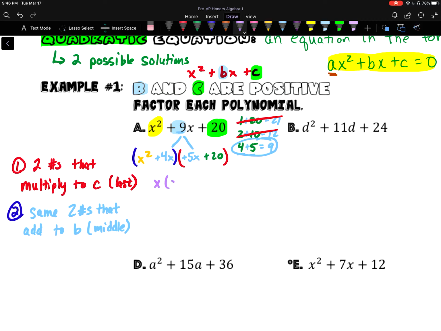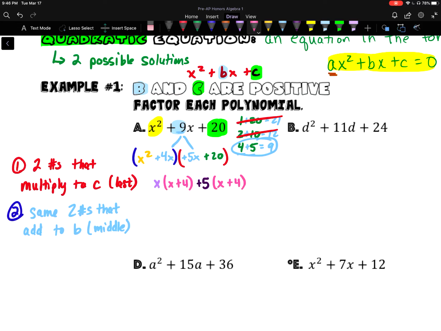So I'm left with x plus 4 inside of the parentheses. And then between 5x and positive 20, that has a GCF of positive 5. So when I divide by 5, 5x divided by 5 leaves me with x. 20 divided by 5 leaves me with 4.